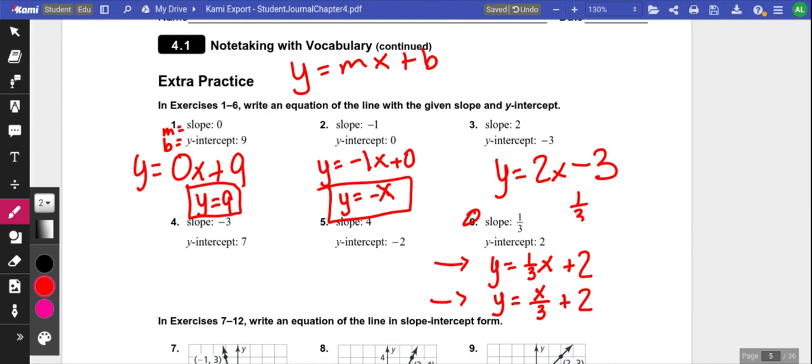If I did 1/3 times x, well, we could say that's x over 1, right? It's a whole number, whole value over 1. 1 times x is x. 3 times 1 is 3. I don't care if you write it this way or this way. I just don't want us to get stuck whenever we see that x over 3, because sometimes that trips people up.